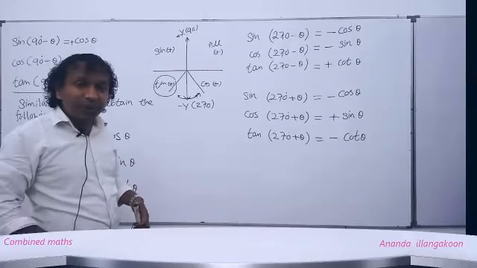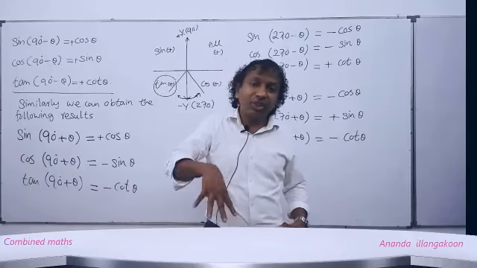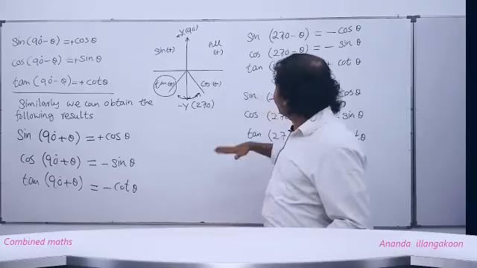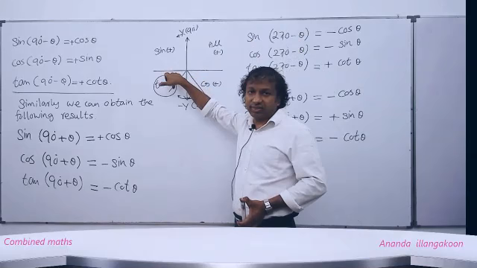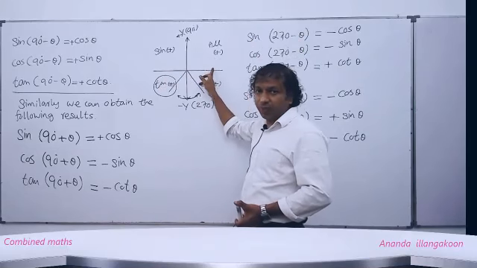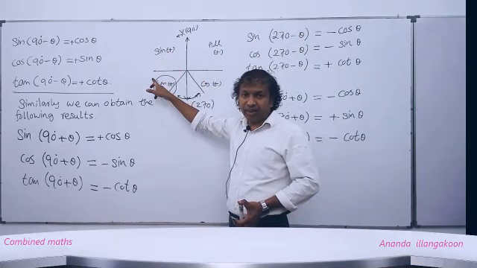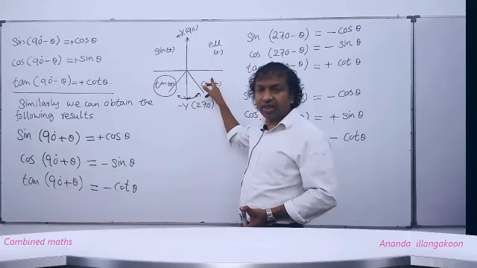Like this, people, we have another 15 results. Those are the left hand side angles. First angle is on the x-axis. What are the possible angles on the x-axis? Starting angle is 0, then 180, then 360. They are the angles.